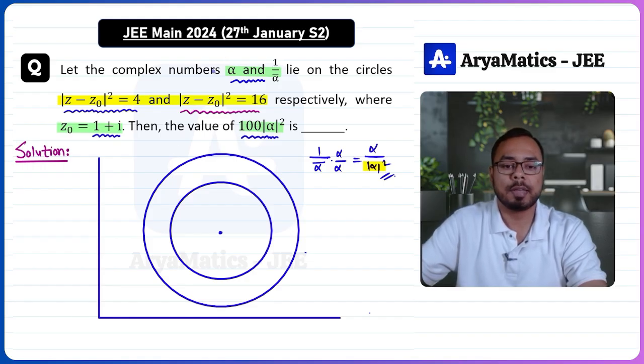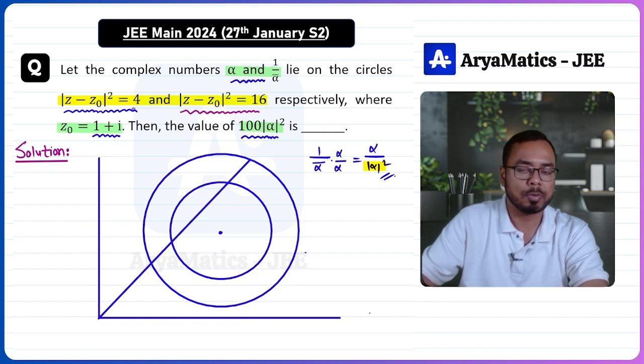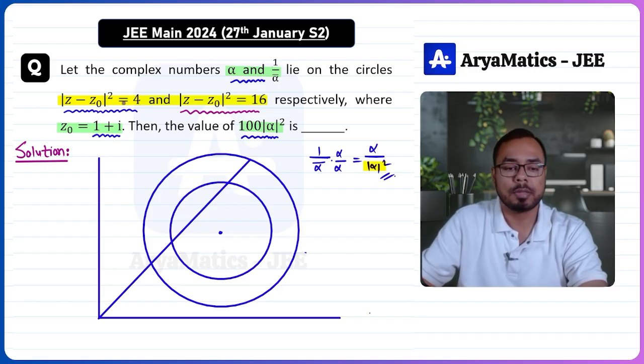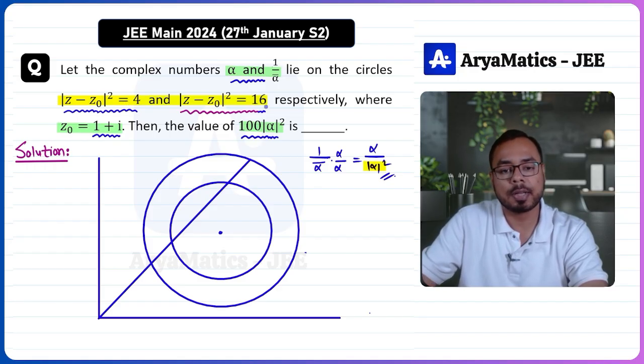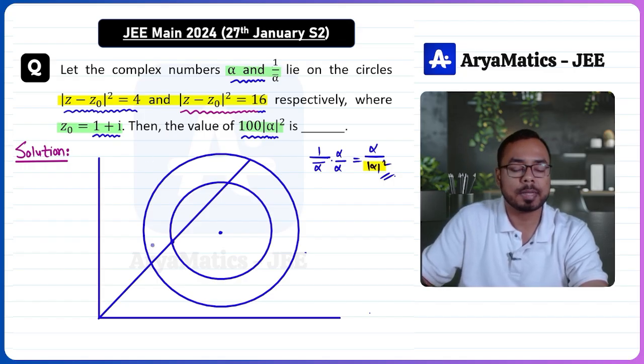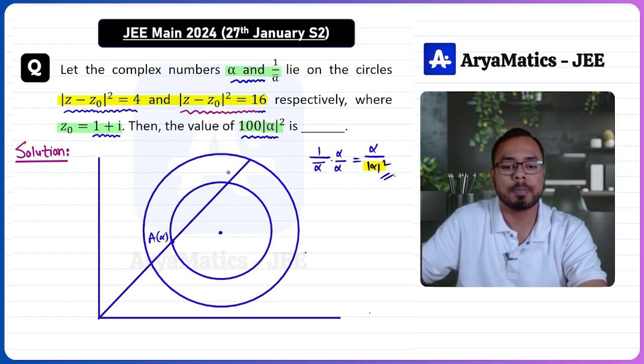Now it is given that alpha lies on the first circle. Alpha lies on this smaller circle. For smaller circle, the radius is 2 unit. This is 2 square, and for the bigger circle, the radius is 4 unit. So on first circle, we have the complex number alpha on the inner circle. So let us say this is some point A representing the complex number alpha, and this is another point B representing the complex number 1 by alpha conjugate.